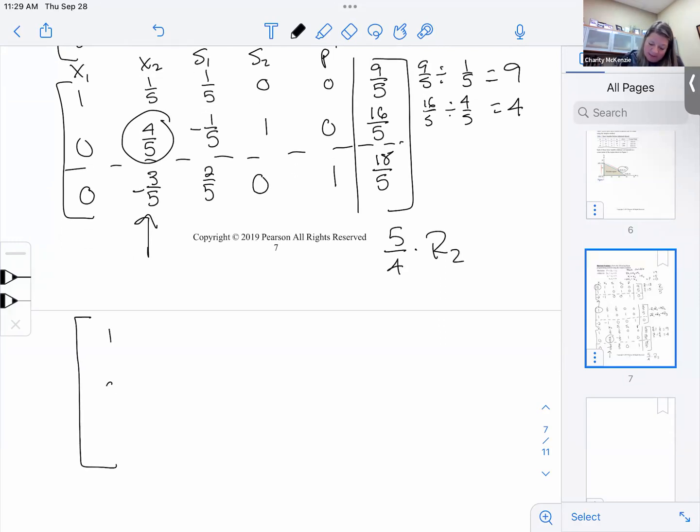So this row is pretty. And now we're going to make this a 1. 5/4 times a negative 1/5 will be a negative 1/4. The 5s cancel. Okay, and then 5/4 times 1 is 5/4, and then times 0 is a 0. 16/5 times 5/4 becomes 4, right?